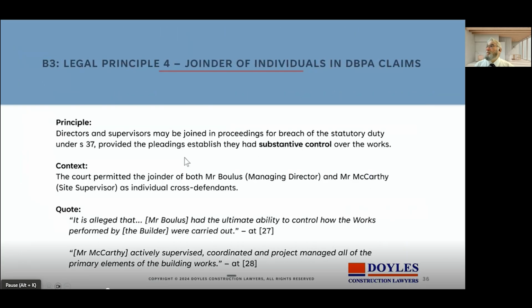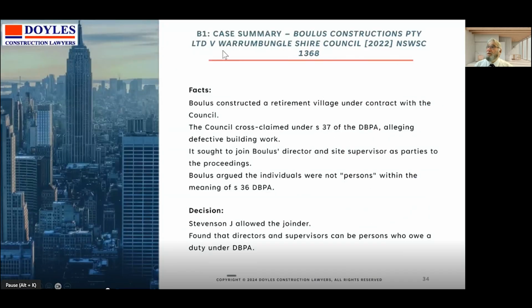The other case was Doyles Constructions v Warragamba Shire Council. And there they sought to expand their claim to join the director of the builder and his site supervisors as parties to the proceedings.